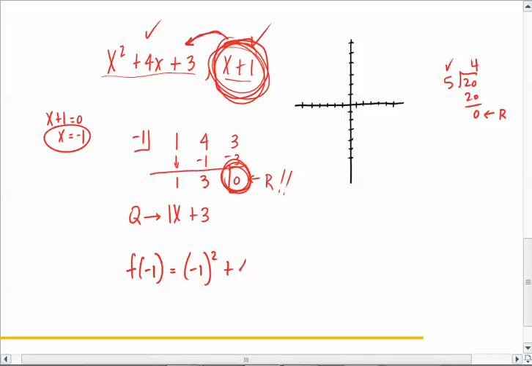Let's take a look. This remainder is what we should get after dropping in the -1 into the actual polynomial. Here we go. That's a 1 minus 4 plus 3, which is equal to 0. That's the remainder.